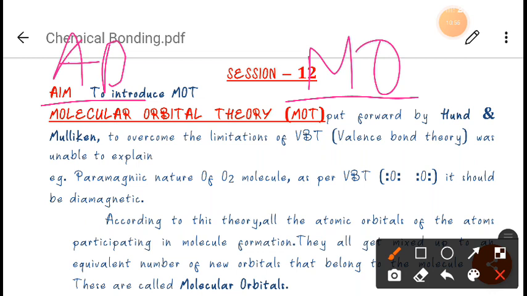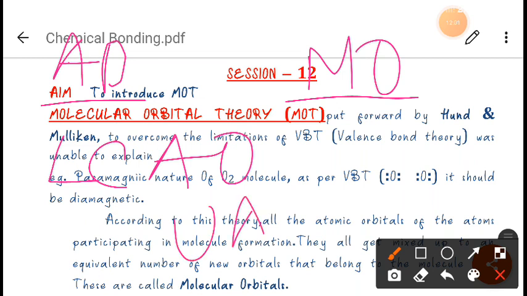There are various methods of approximating the correct molecular orbitals. Among these, we will see two: one is the LCAO method and another is the other method. LCAO is the linear combination of atomic orbitals method.